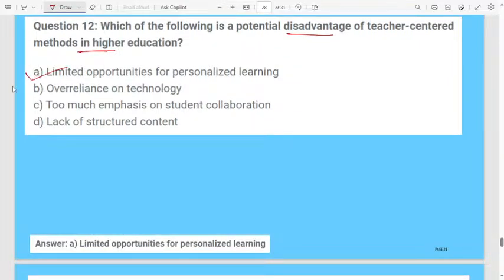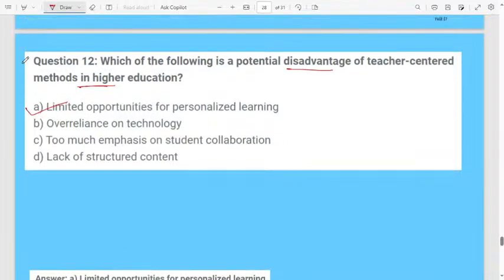Option A, limited opportunity for personalized learning. In the teacher-centered method, only the teacher knows the concept, and they start explaining. Interaction with the students will be there, but the teacher is the main. Students do not get involved in the teacher-centered method. Therefore, limited opportunities for personalized learning.